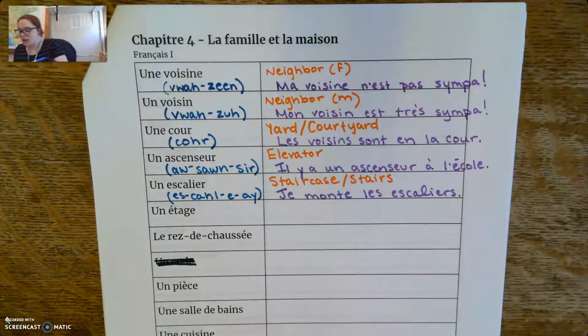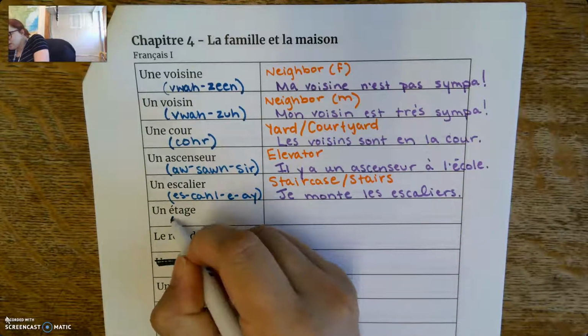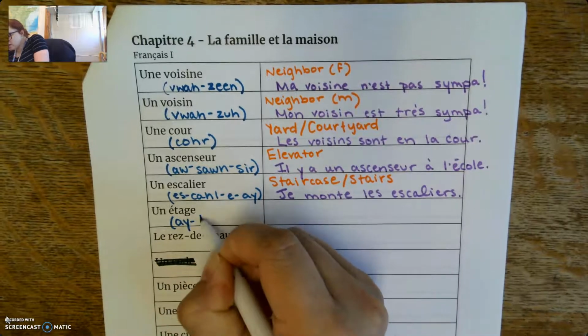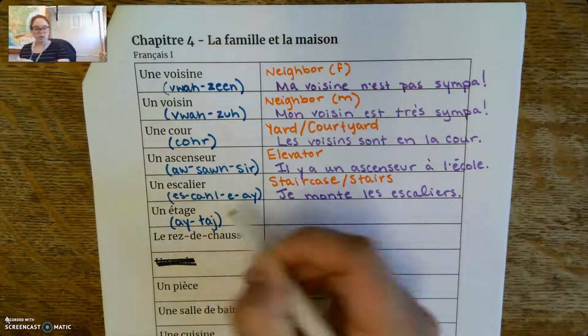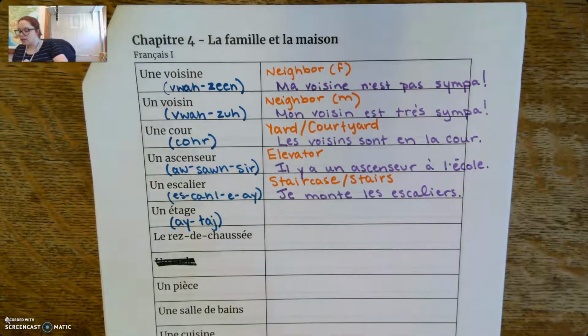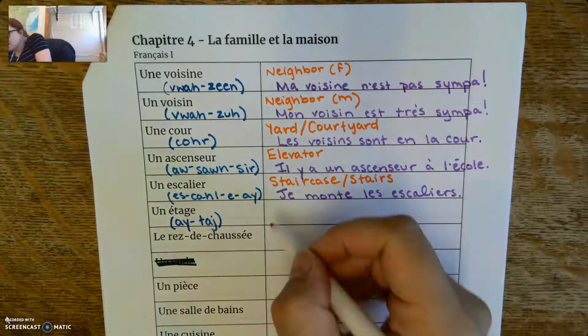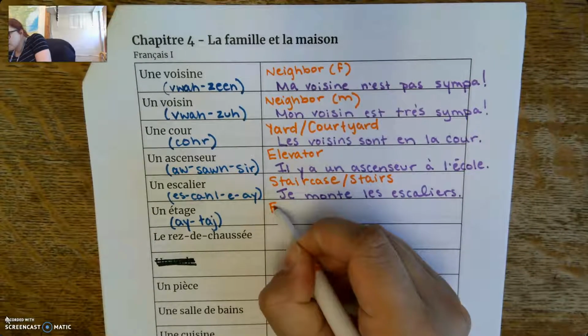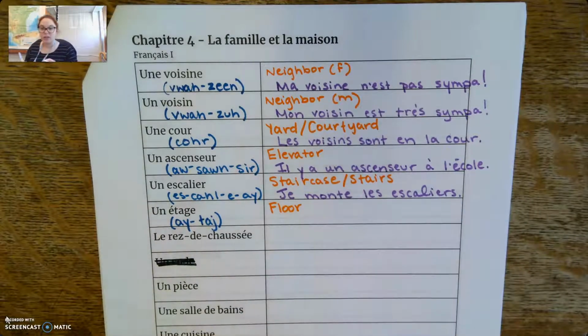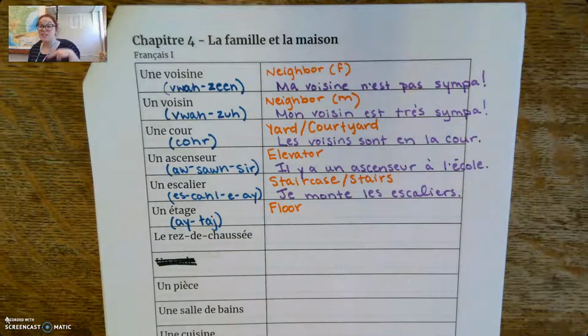Next we have un étage. Étage. An étage, that is a floor. Like the floor of a building. Like the French classroom is on the second floor.